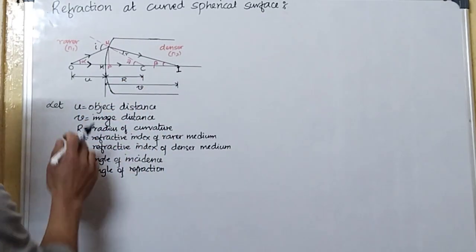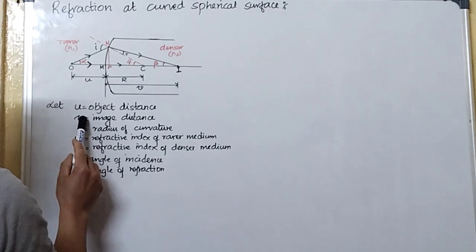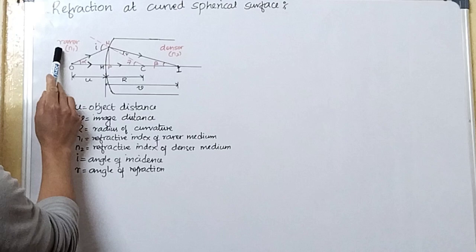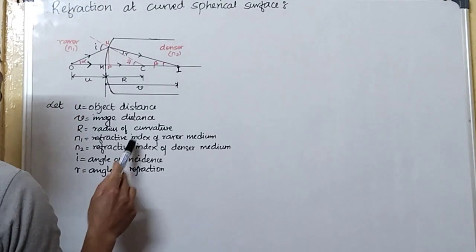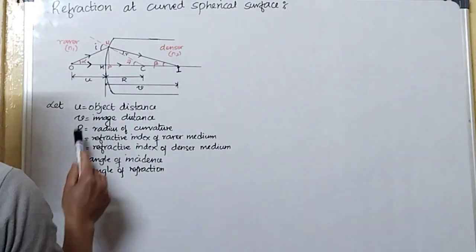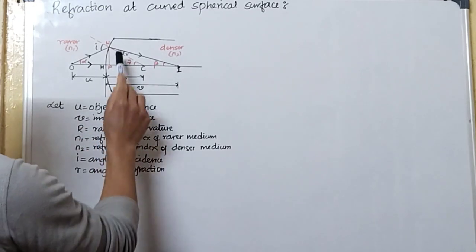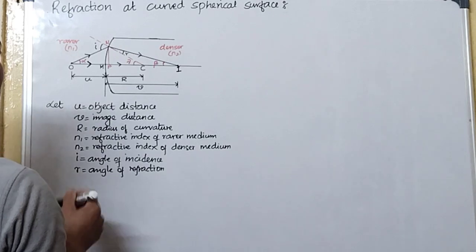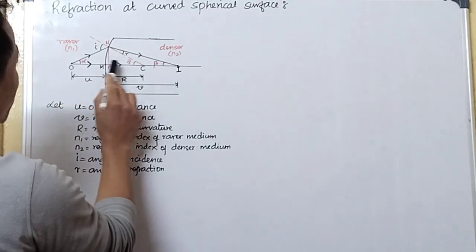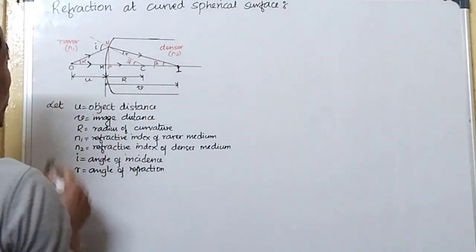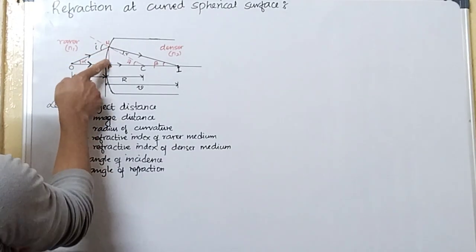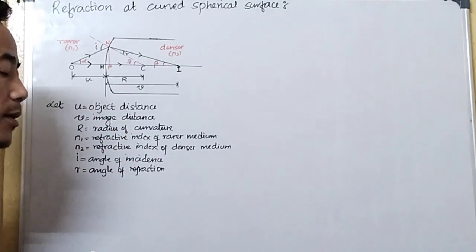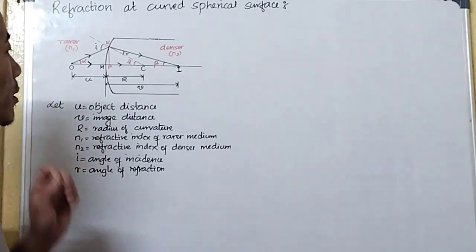So U represents your object distance, V represents your image distance, R represents your radius of curvature, N1 is the refractive index of the rarer medium, N2 is the refractive index of the denser medium, I is our angle of incidence, R is our angle of refraction. After that, we have dropped a perpendicular from point N on the principal axis, which intersects at the point P. So this line in red, NP, is the perpendicular on the principal axis.